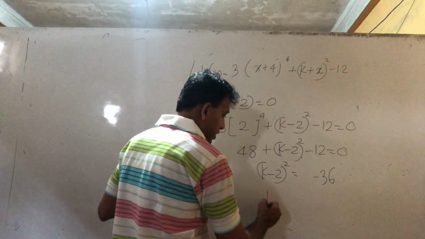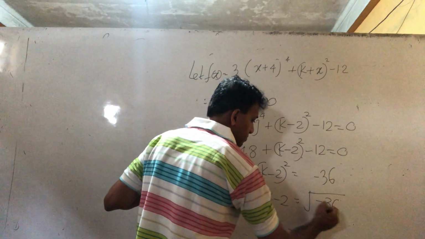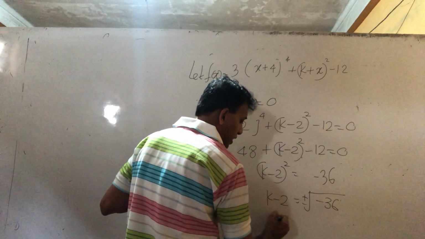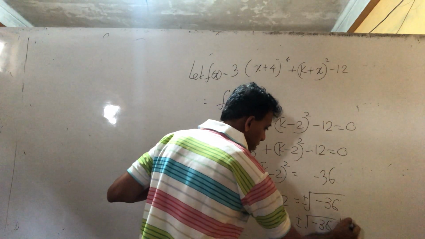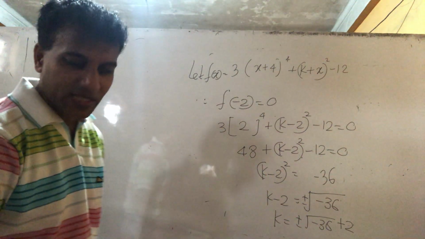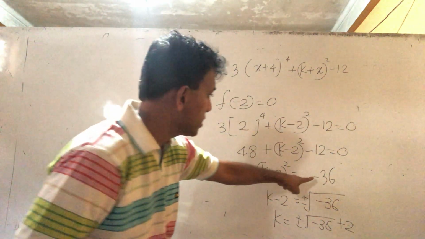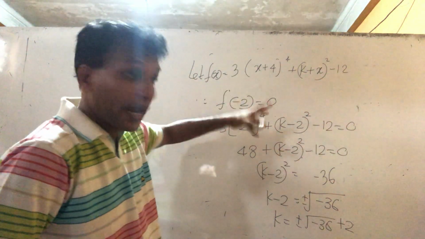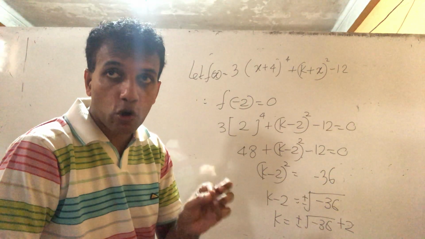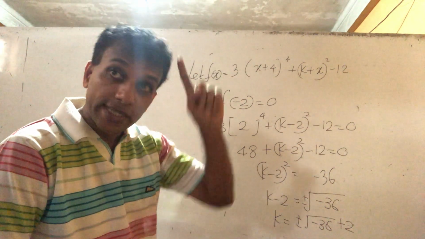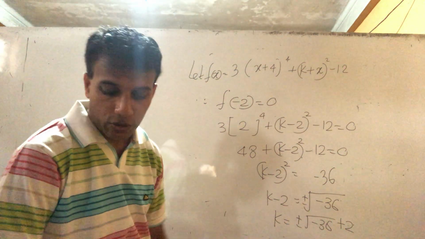So k minus 2 square root of minus 36. Therefore, the k answer is minus 36 plus 2. It's a clear solution. If you use the plus, you can make it plus 36 here, then try what value is suitable. Anyhow, this is also an answer. In advanced maths, when a minus comes inside the square root, we call it an imaginary solution. That's later, the grade 13 complex number chapter. So the idea is okay, right?